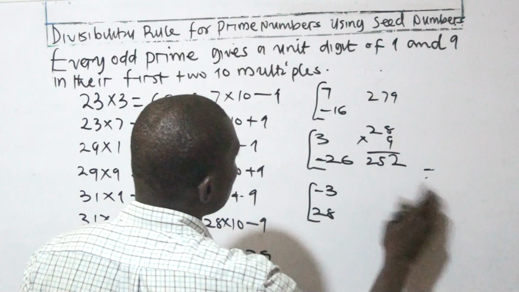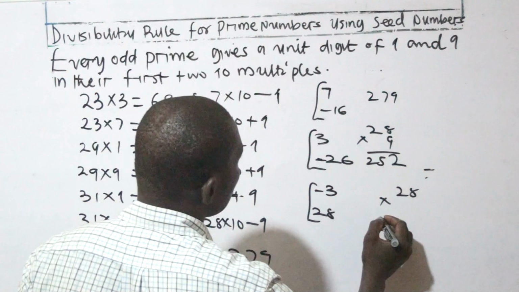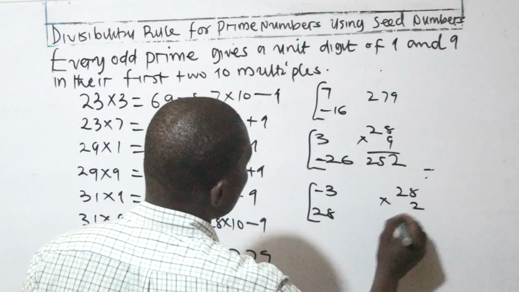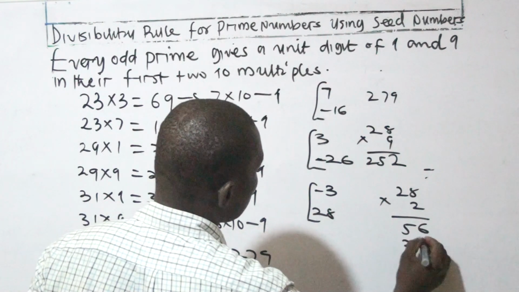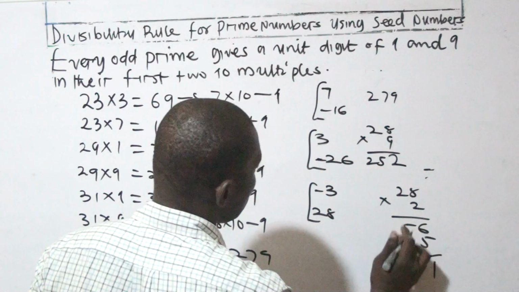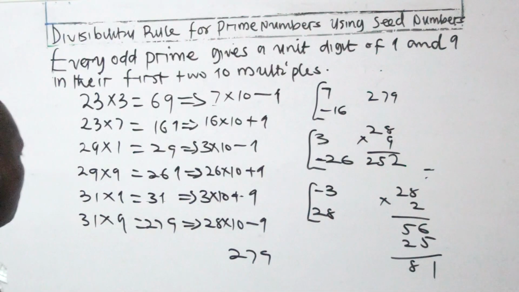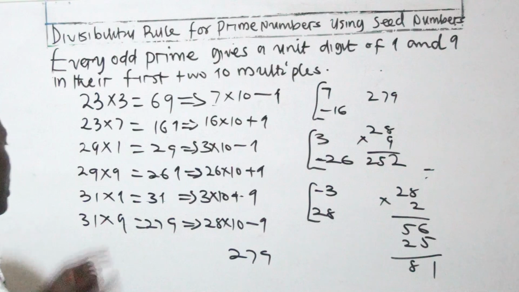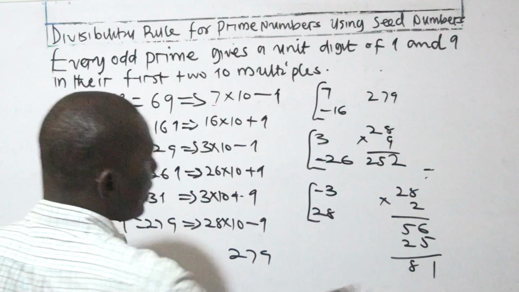Now this is 28 times 2, 56. Add this to this, 1, 7, 81. Look at this. It's divisible by it because we get 81 here.